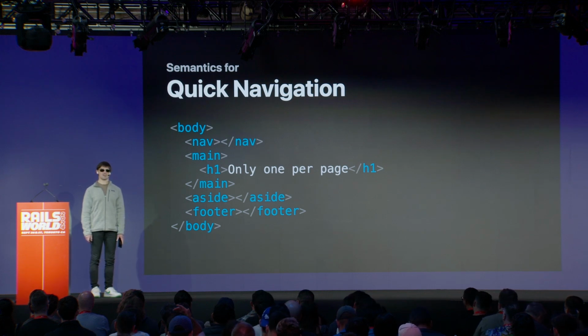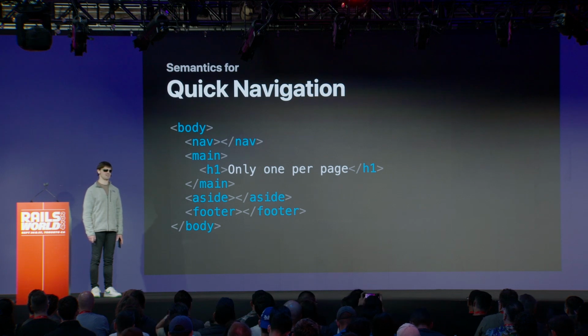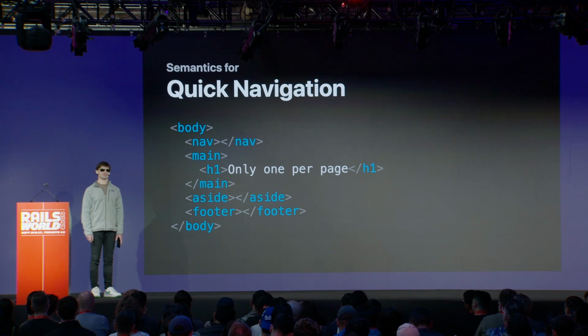So main is like an area of a page, and we also call these regions. There are more regions, and we can move between them by pressing D, or Shift D to go back, at least with NVDA, the screen reader which I use.